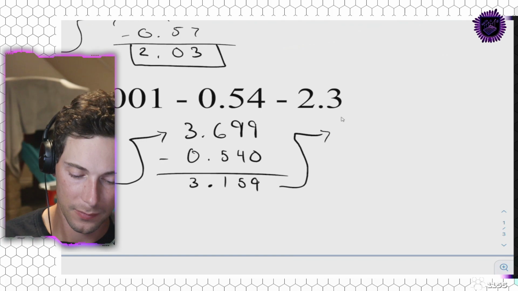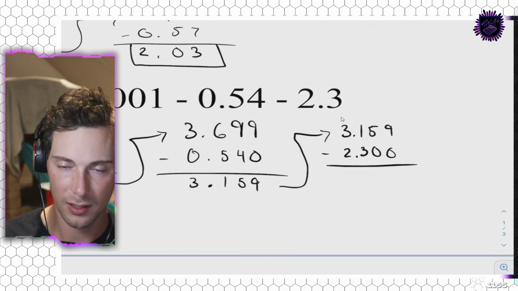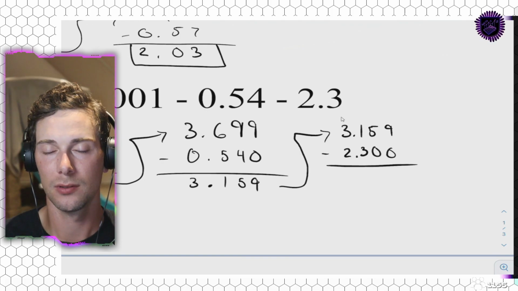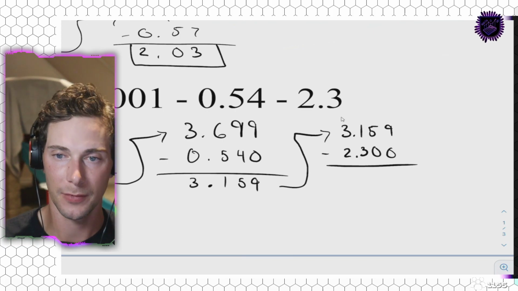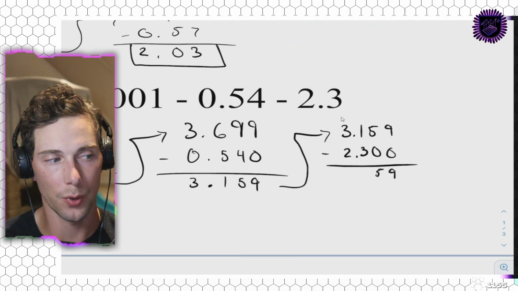Last step. Put it up here: 3.159. And we're going to take away 2.3. It's important we keep this lined up, so incredibly important. 9 take away 0 is going to be 9. 5 take away 0 is going to be 5. 3 take away 1, some borrowing.